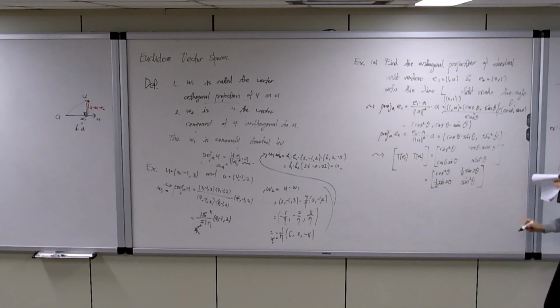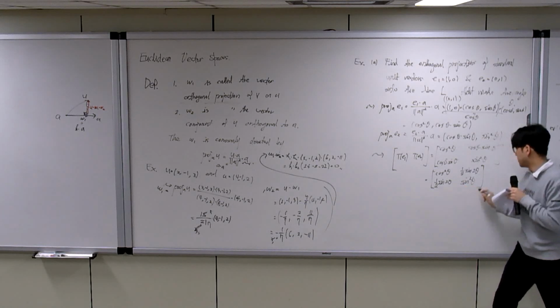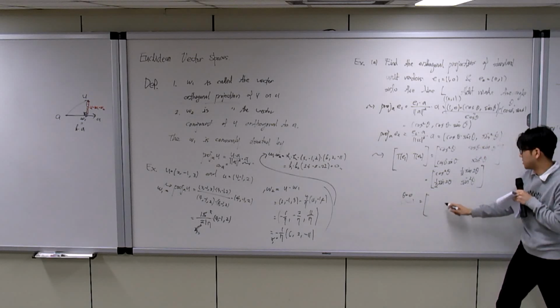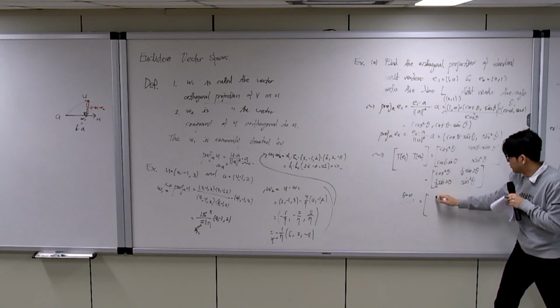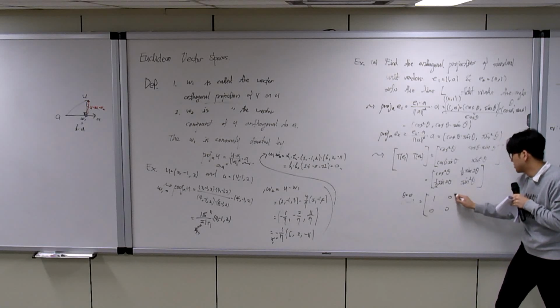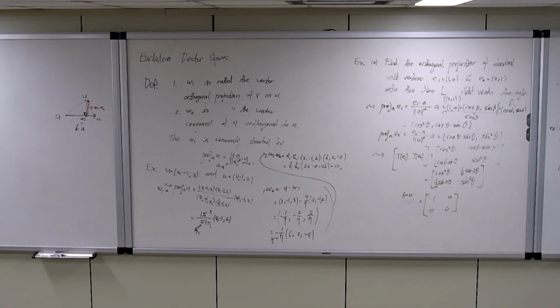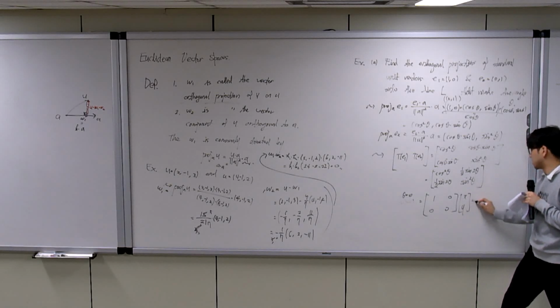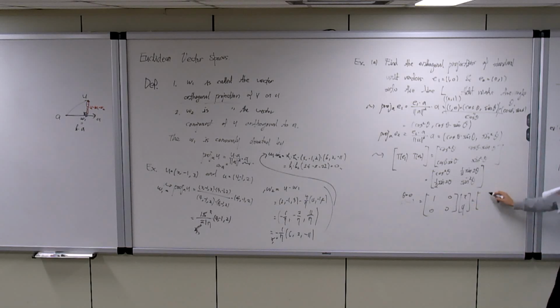In particular, when theta is 0, that means projecting to the x-axis, the matrix becomes [[1, 0], [0, 0]], which is the projection matrix in R^2, because if we give the vector (x, y), it projects to the x-axis as (x, 0).